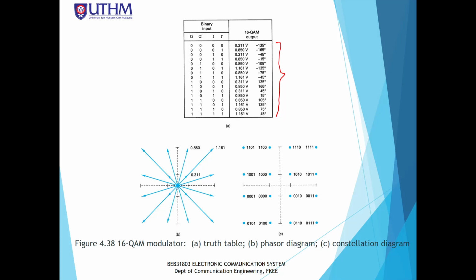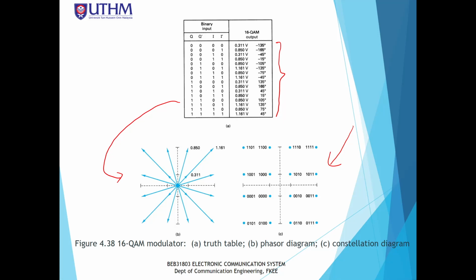From the table, we can produce the phasor diagram. You see that there are a lot of symbols over here. We're going to produce 4 symbols in each of the quadrants. So this is the phasor diagram and also the constellation diagram.